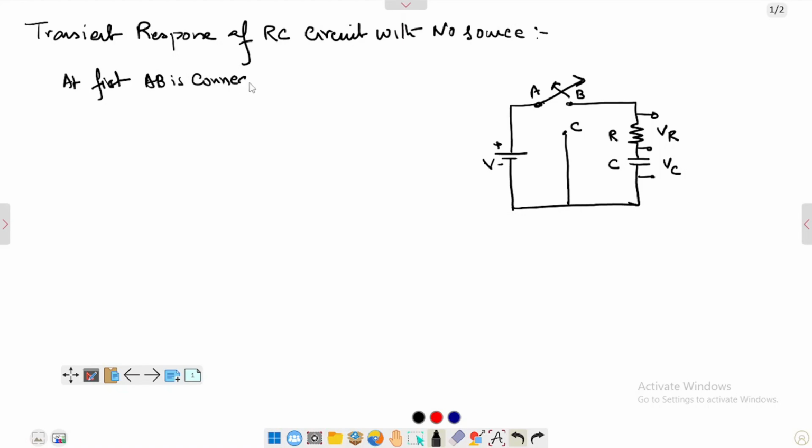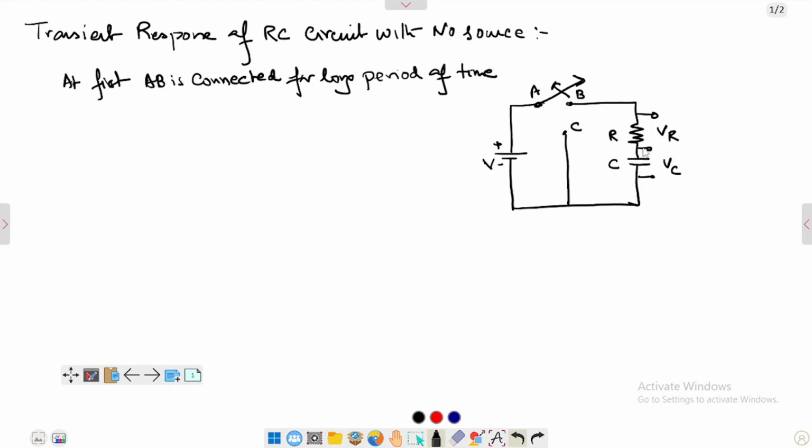Now if I connect A and B, we will get the previous calculation, that is the transient response of an RC circuit with DC input, connected for a long period of time. So if I connect this for a long period of time, what will happen?